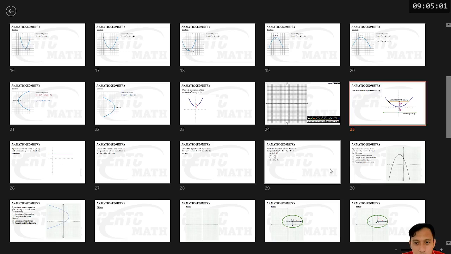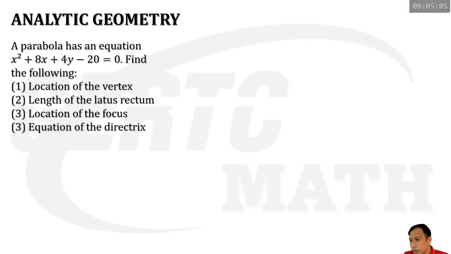So again, going back to this one. Ang LRDI, basihan if opens left or right and up or down, sir.